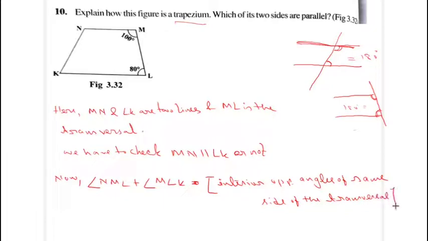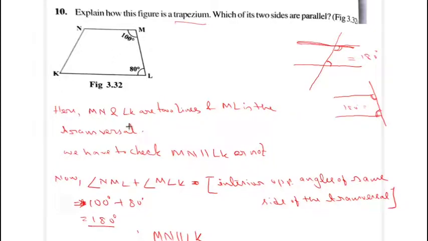If their sum is 180 degrees, then the lines are parallel. Their measurements are given as 100 degrees and 80 degrees, so the sum is 180 degrees. Therefore MN is parallel to LK because ML is the transversal, and these two are interior opposite angles on the same side of the transversal and their sum is 180 degrees.